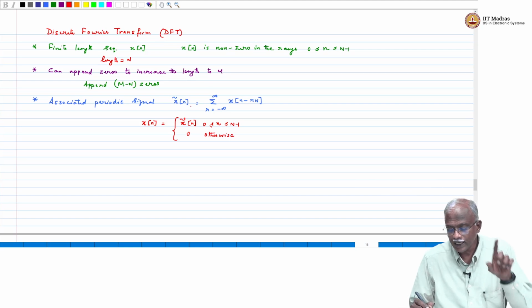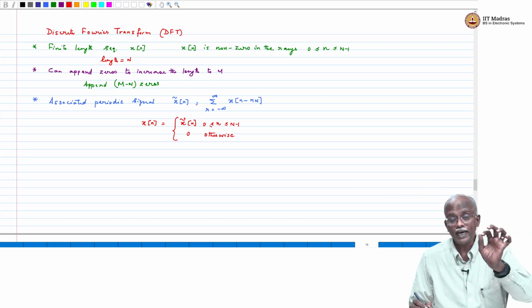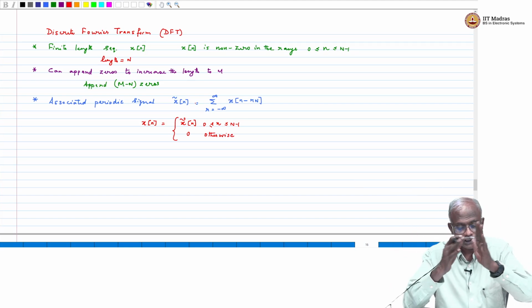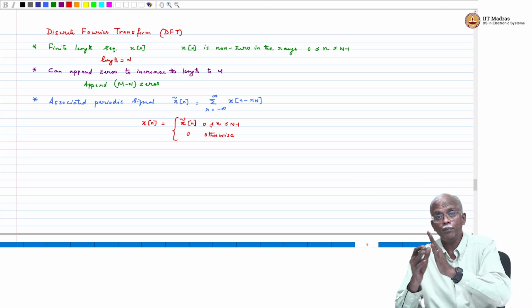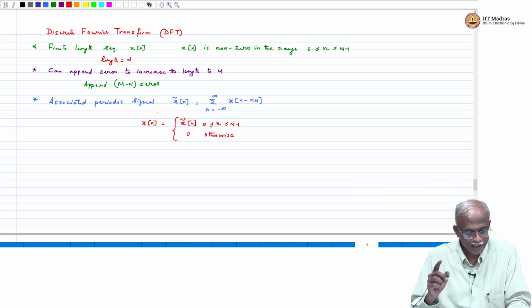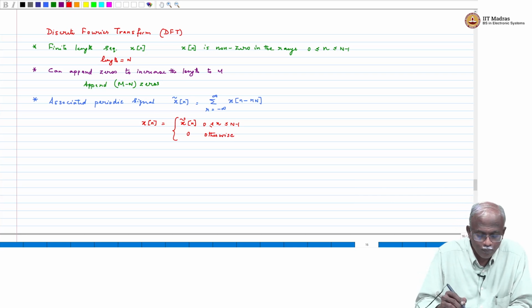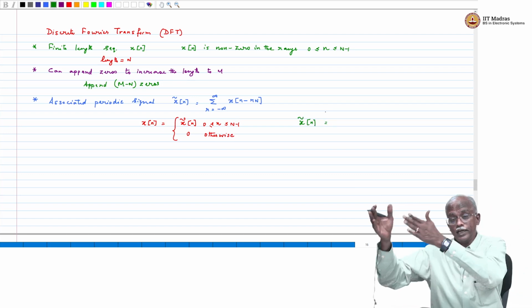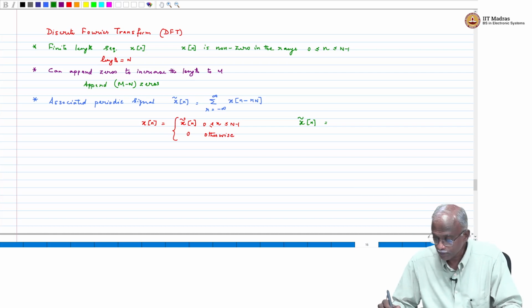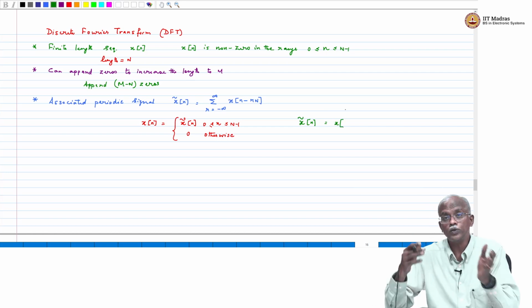Now, suppose I get a value of n which is not in the range 0 to N minus 1. What sample does it map to in terms of x of n? That is very, very important. Because of the periodic nature of x tilde of n, any x tilde of n can be interpreted as some sample in the range 0 to N minus 1.